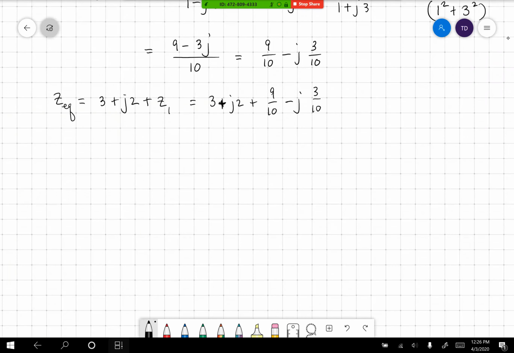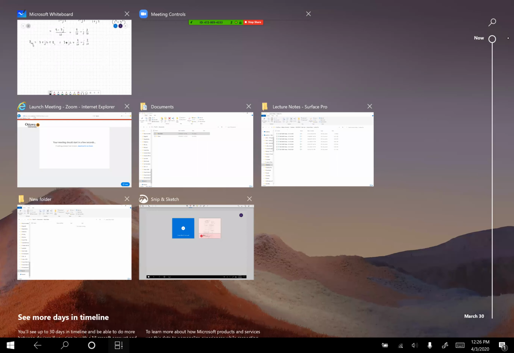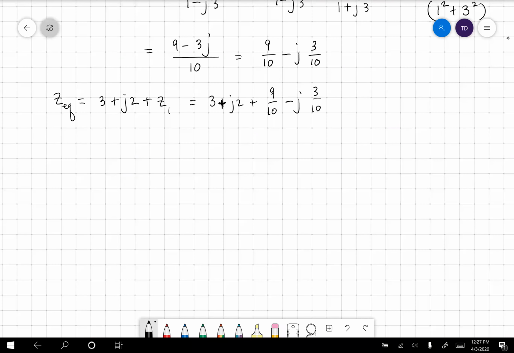So 3 plus 9/10. 3 is 30/10 plus 9/10. That's equal to 39/10. That's the real part. The imaginary part, 2 is 20/10 plus J, 20/10 minus 3/10 is 17/10.